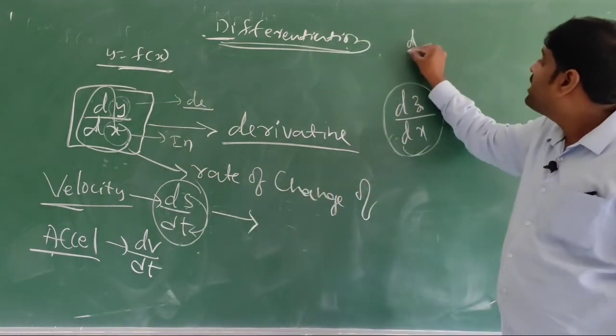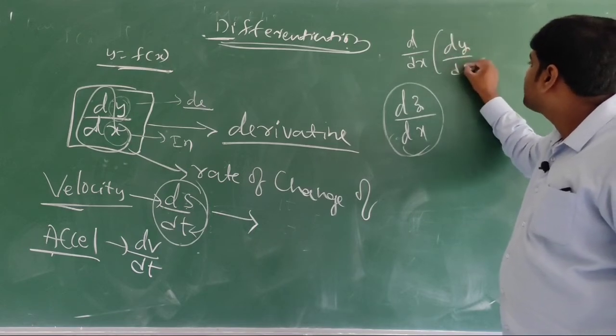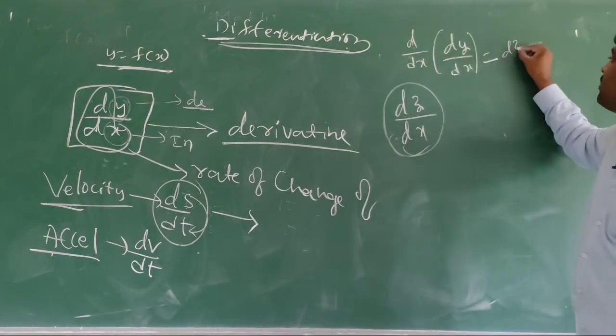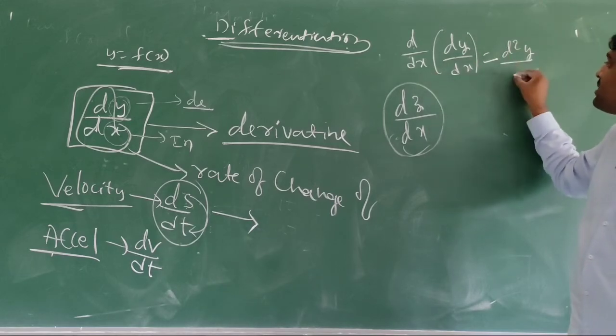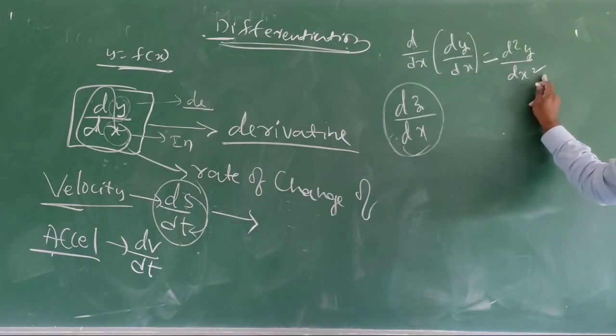Next, d by dx of dy by dx. You will get d into d, d square, dx into dx, dx square: d square y by dx square.